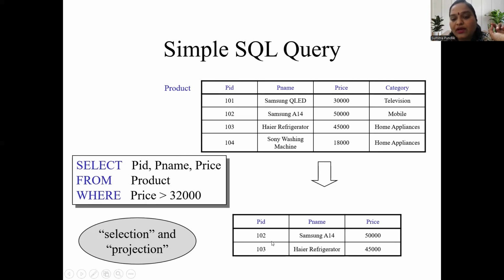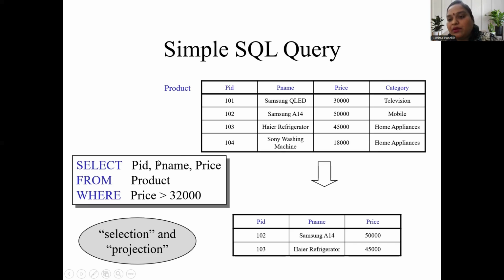But if I only need PID, PName and price, I need to write PID, PName and price in the projection part. So instead of star, we write only column names.